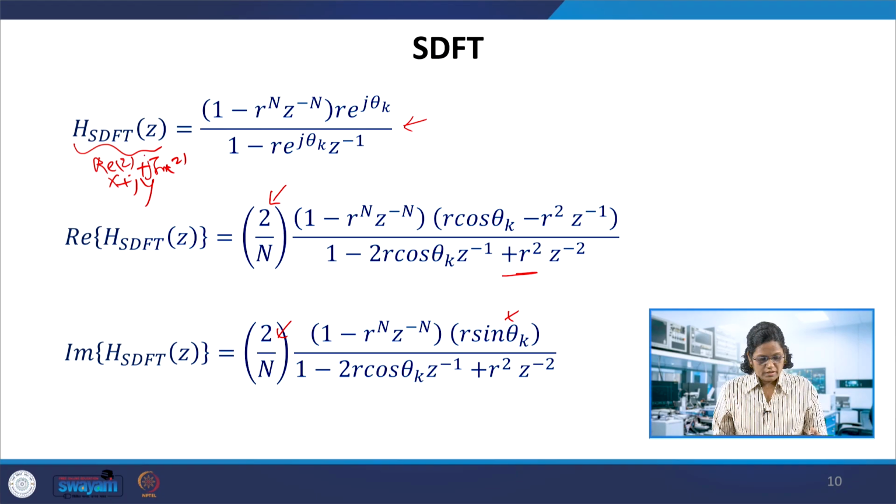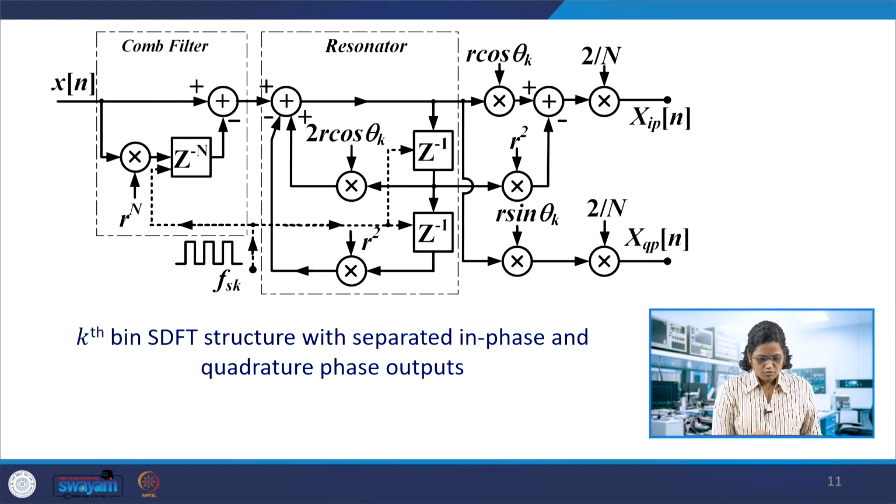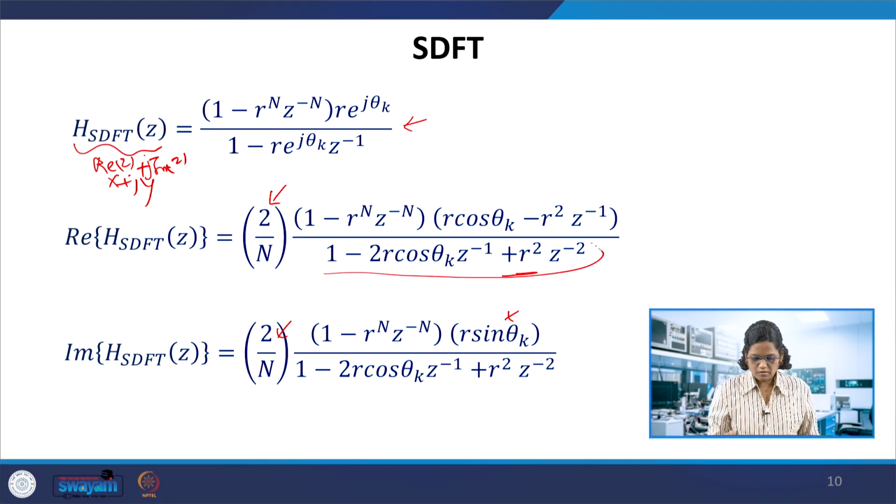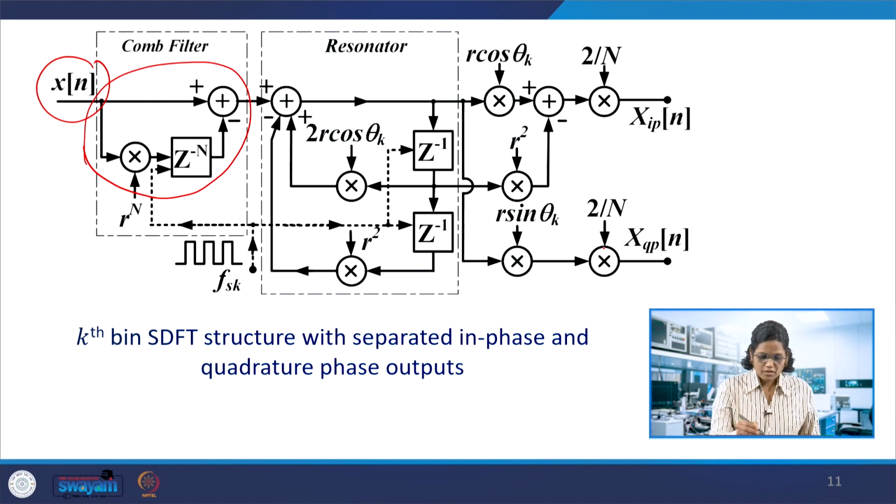So now taking the real and imaginary part from the transfer function, we have drawn the diagram of the equation. So this is x of n. You have the 1 minus z power minus n, that is a comb filter, and the rest of them here, this part with 1 by 1 minus r cos theta k z power minus 1 plus r square z power minus 2, which results in the resonator.